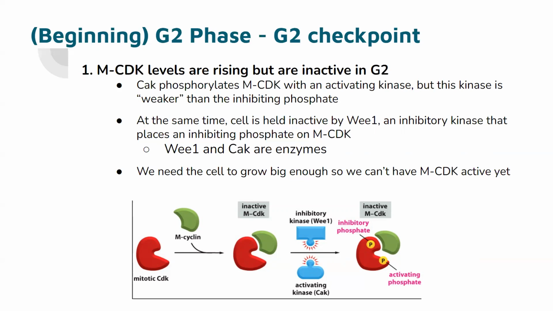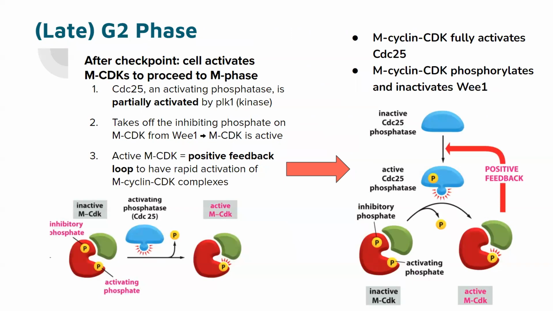And so later on in G2 phase, after the cell has determined that it is large enough to go into M phase, CDC25, which is an activating phosphatase, is going to be activated, and it takes off the inhibiting phosphate from MCDK that was put on by WEE1.